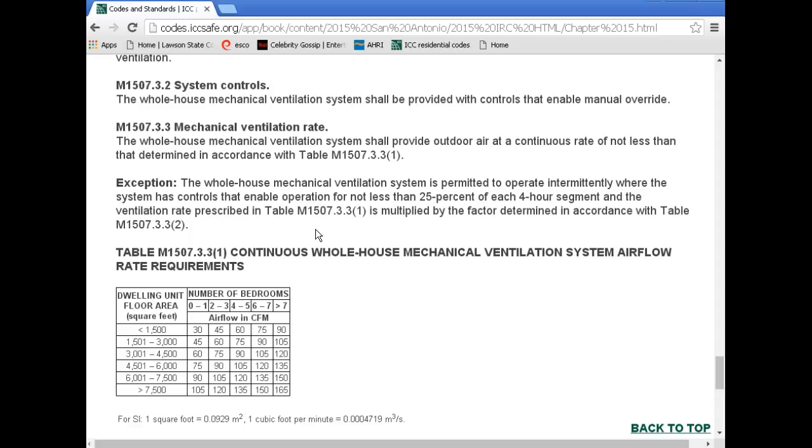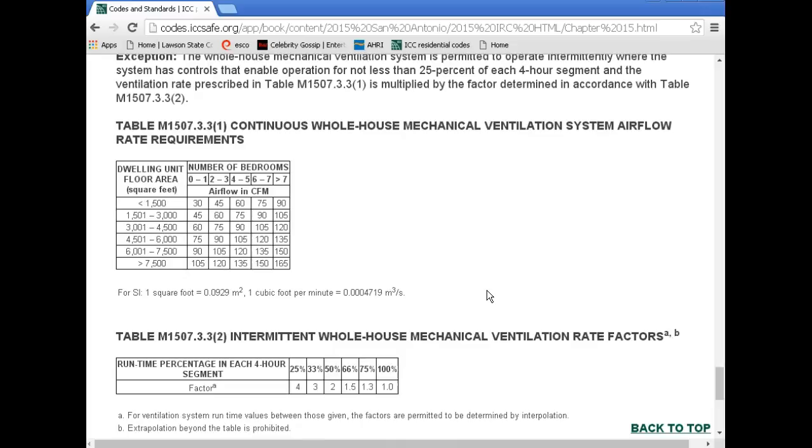And the ventilation rate prescribed. So I guess if you found your rate here, say 50 CFM, you're going to multiply by the factor determined in the next one. Am I reading this right?